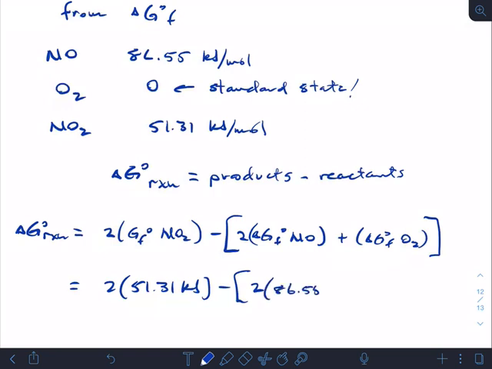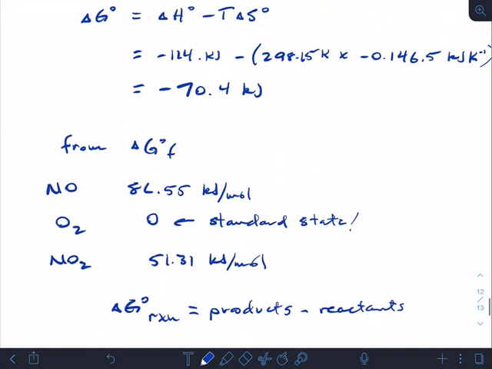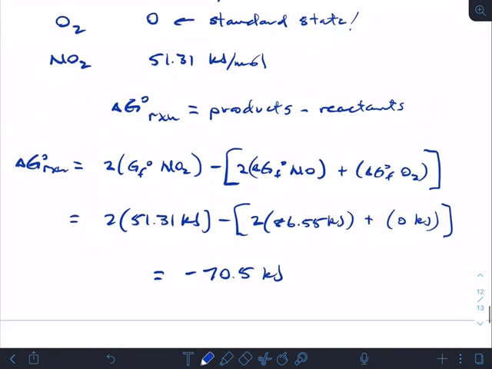So we get 2 times 51.31 kilojoules minus 2 times 86.55 kilojoules plus 0. And when we run that bit of arithmetic, this comes out to be negative 70.5 kilojoules. So almost exactly the same value we got up here of 70.4, but from a completely different way of calculating this. And it's a negative delta G, so this is a spontaneous reaction.